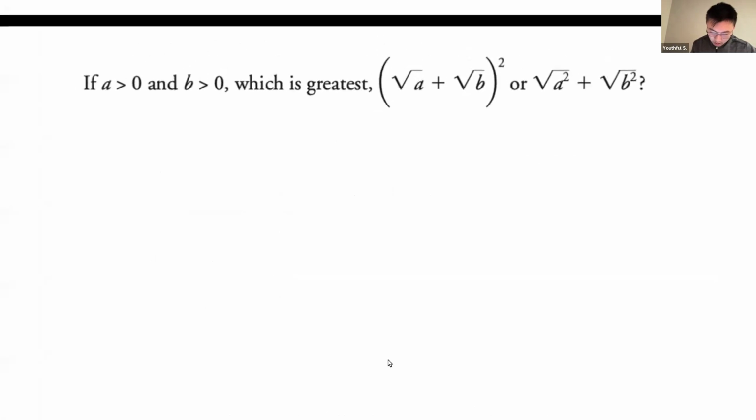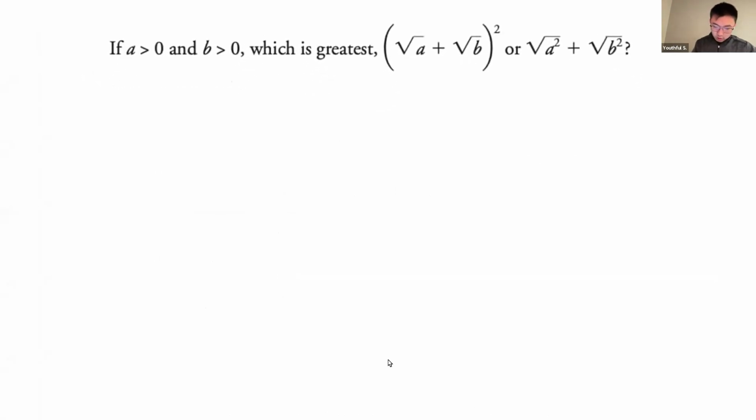So this is, again, not really a thinking question, just more of a knowledge question. So if a is positive and b is positive, which is greatest? They look pretty similar, except that here the square is applied to everything, whereas here the square is applied individually on the inside of the radicals. So which one would be larger?